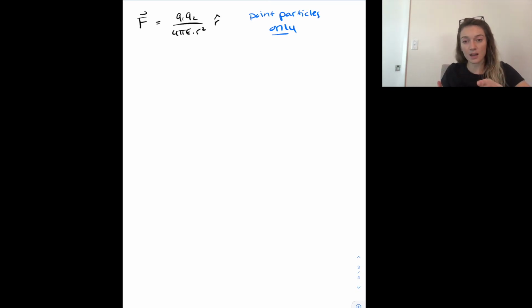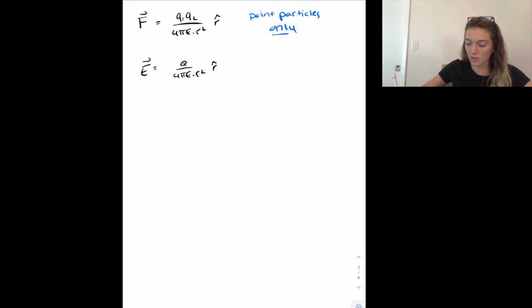Now this is in contrast to the electric field, where the electric field is only due to a single charge, or a single distribution of charge, like a disk or a ring. So the electric field for a point charge is also a vector.